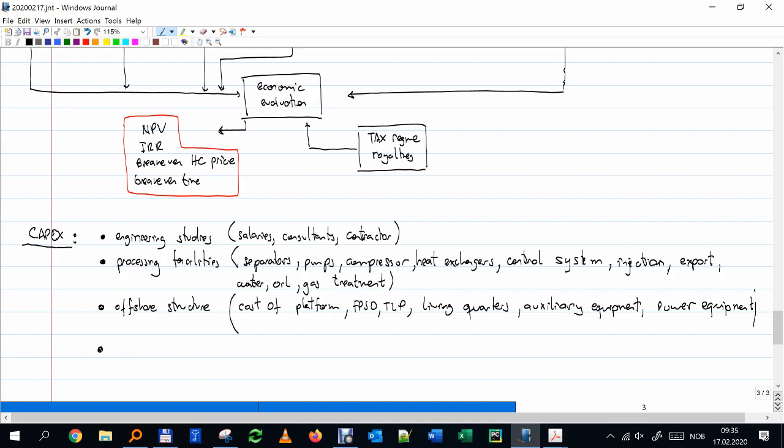Then, what else do we have in CapEx? If we have a subsea system, we have the subsea system cost, where we add, for example, templates. What else could we have? Flow lines, pipelines. We have risers. We have umbilicals. We have also the control system.